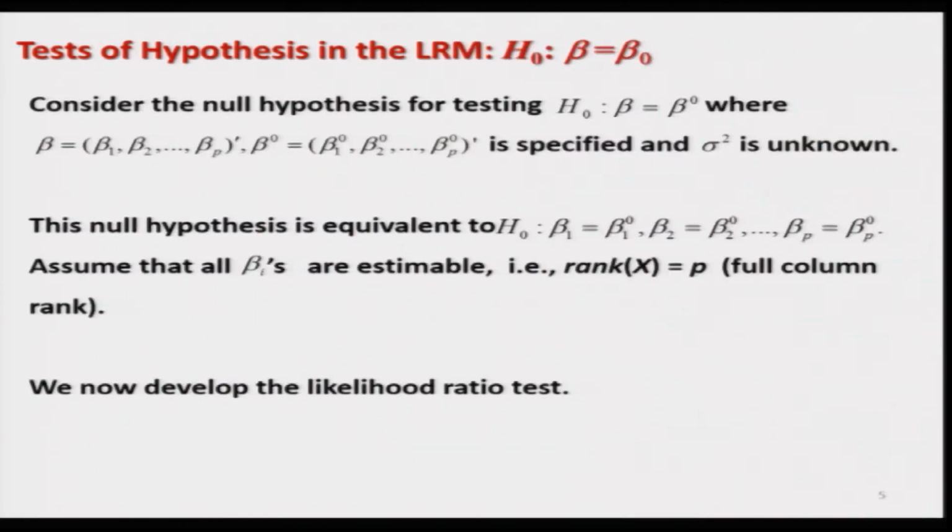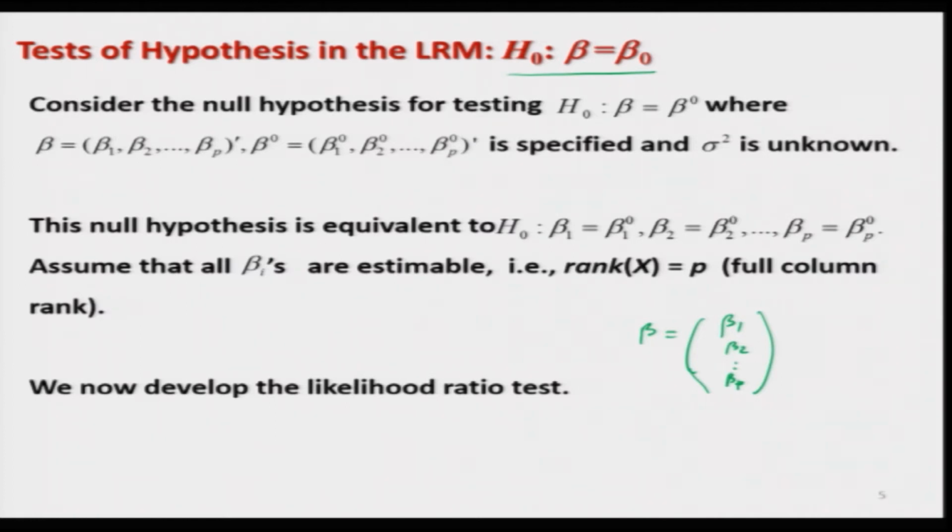Okay. So, now we consider a test of hypothesis like this one, say H naught: beta is equal to beta naught. So, if you now see, what is beta here? Beta here is a vector quantity, like beta 1, beta 2 and beta p, right. At this moment I am not introducing the concept of an intercept term, but we are simply using beta 1, beta 2, beta p to indicate any of the parameters in the linear model.